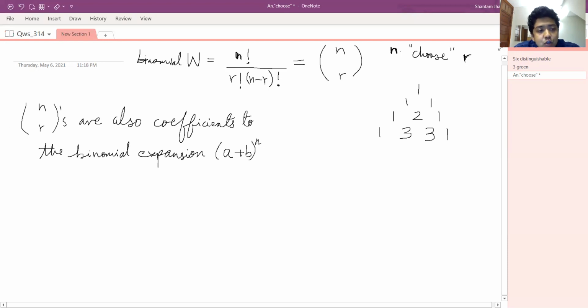So these n choose r's, which are also the terms in the Pascal triangle, are also coefficients to the binomial expansion of a plus b to the n. What do I mean?